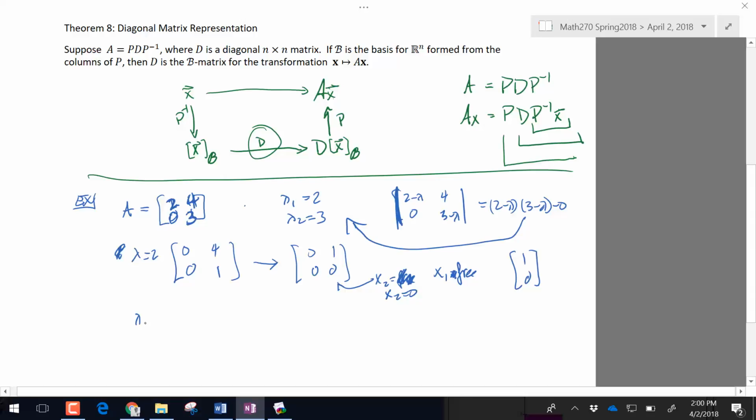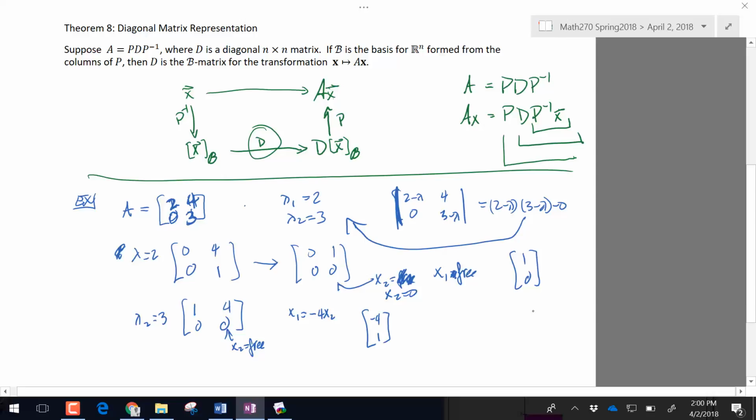And then when lambda is equal to 3, we have 1, 4, 0, 0. And then here, this is free, and x1 is negative 4 x2. So we have negative 4, 1.